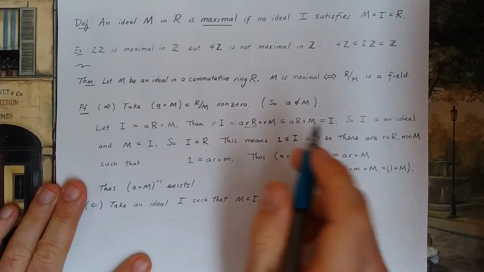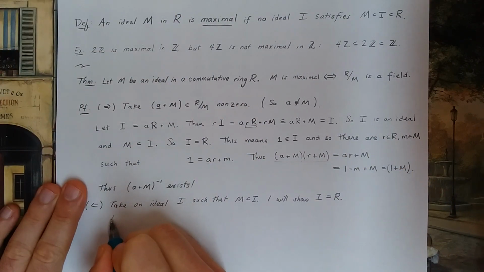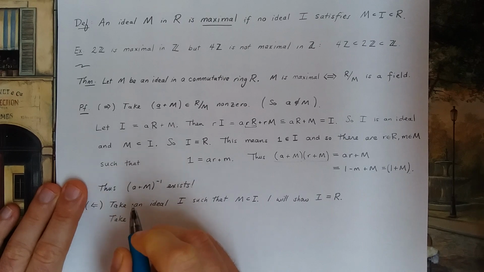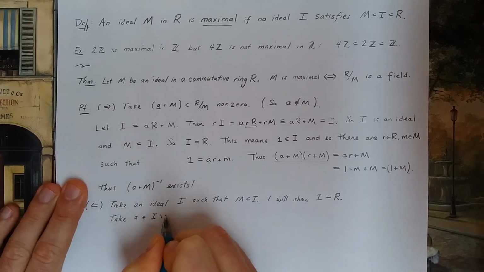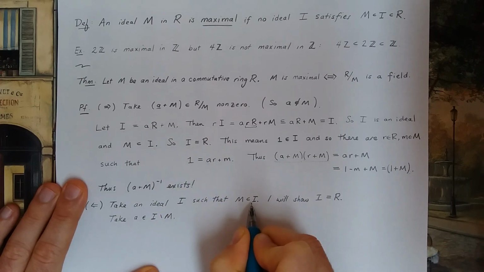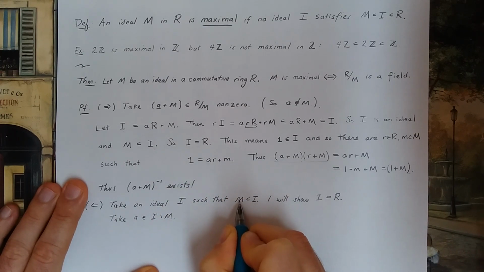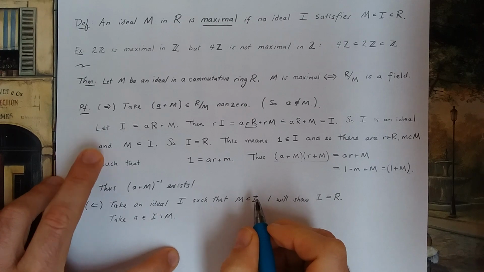So the way I'm going to do that is I'm going to take an element a in I, but not M. I could do that because M is properly contained in I.